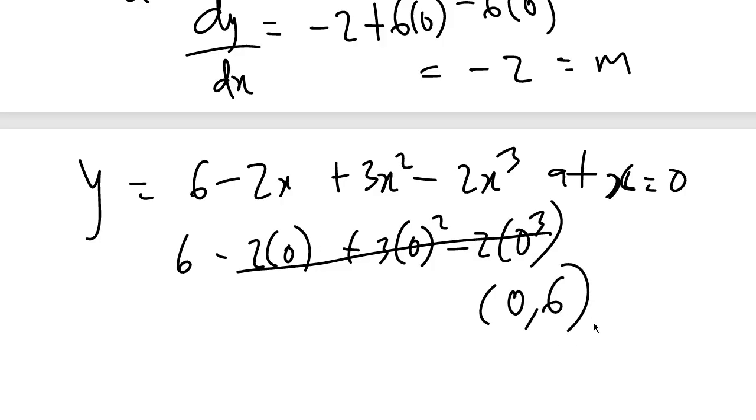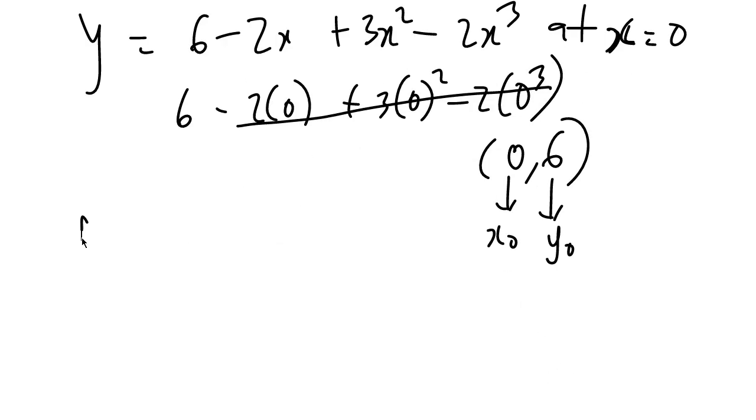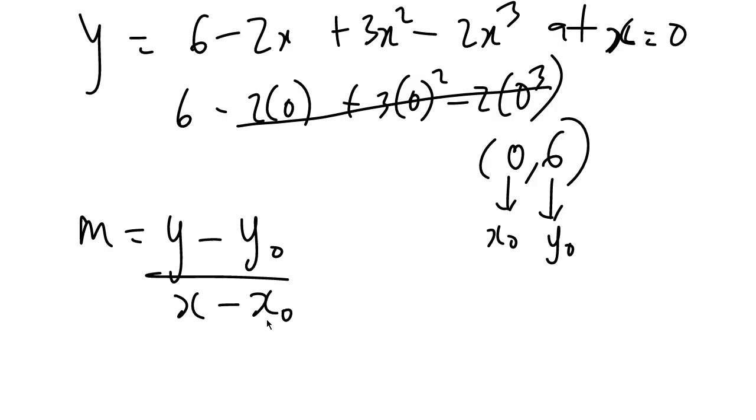And the normal is also going to pass through this point. So with this now, what is next? So we can basically say that 0, which you already know, is our x₀, and 6 is our what? y₀. Then with what we have, remember that m is equal to what? From what we did in the first video, m = (y - y₀)/(x - x₀).